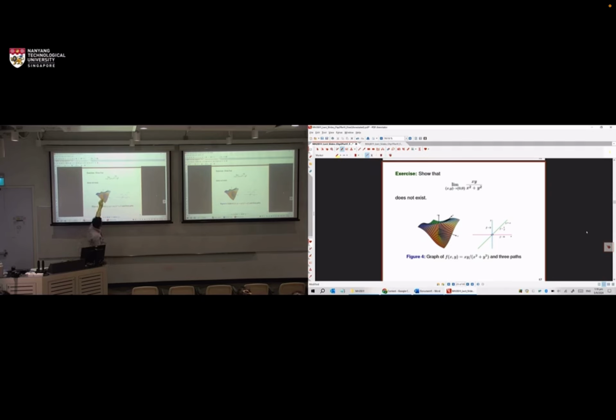When you are nearing it, the functional value has two levels, one lower and one higher at 0, 0. If you have the graph, you can have a good sensing. But you can also do trial and error.